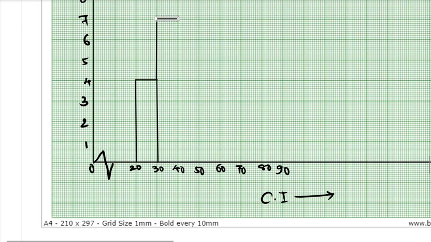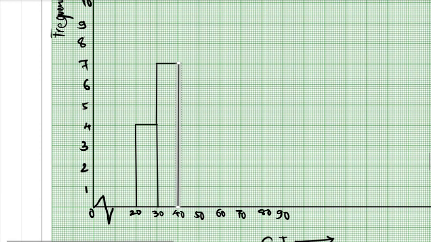And one more line. Right? 30 to 47, 40 to 59. Right?